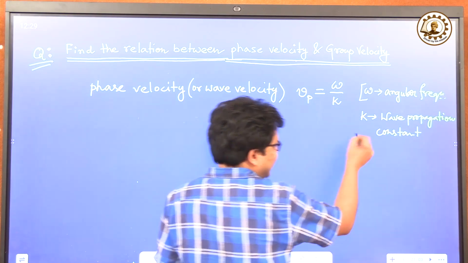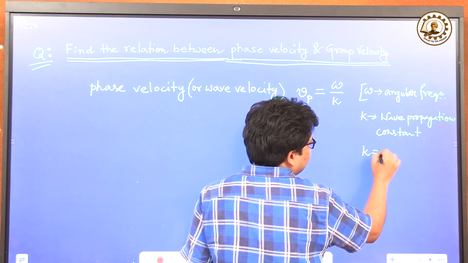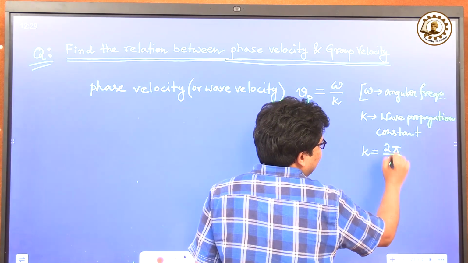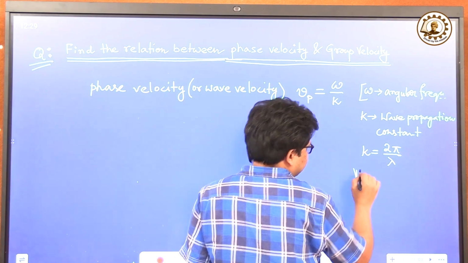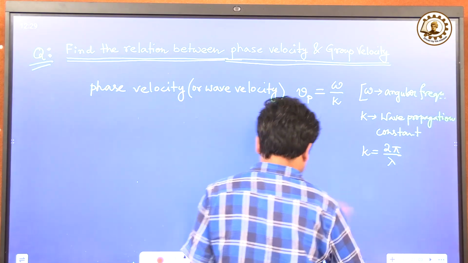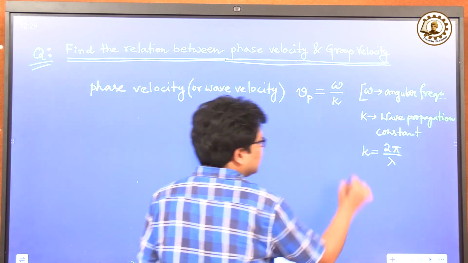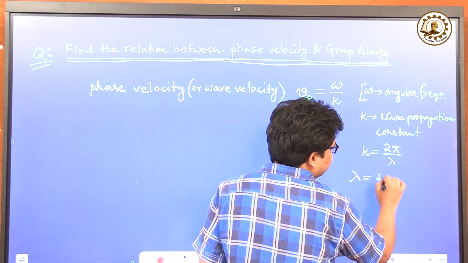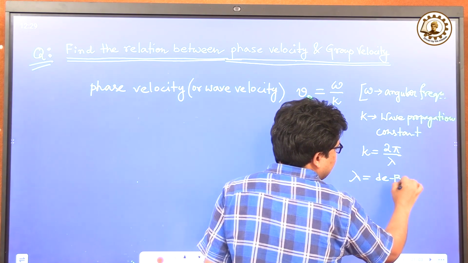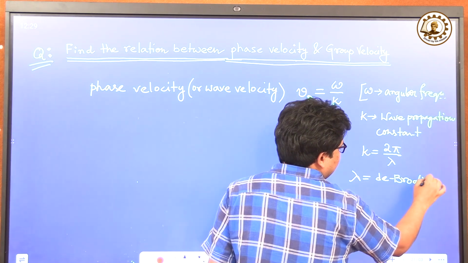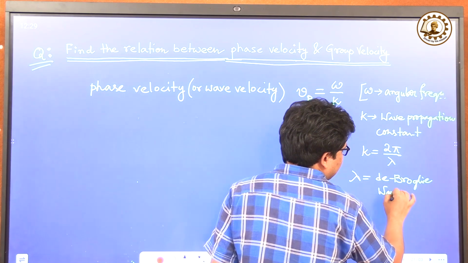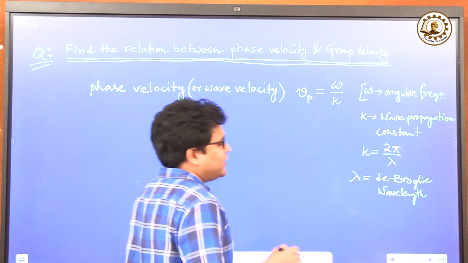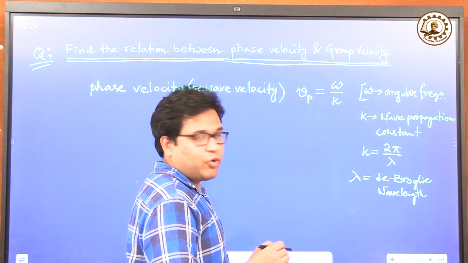And the relation between k and the wavelength lambda, or de Broglie wavelength lambda, is given by k equals 2 pi by lambda, where lambda is the de Broglie wavelength that is associated with a moving body.